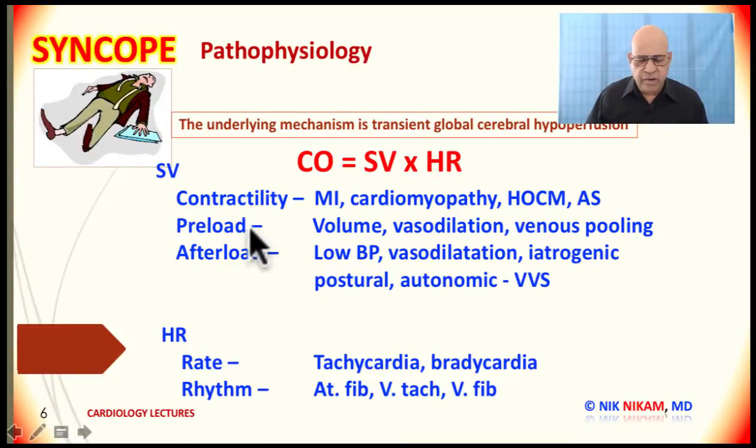Any alterations in preload, such as volume, vasodilatation, venous pooling, or afterload, low blood pressure, vasodilatation, iatrogenic and postural and autonomic imbalances, they all can lead to reduced cardiac output.